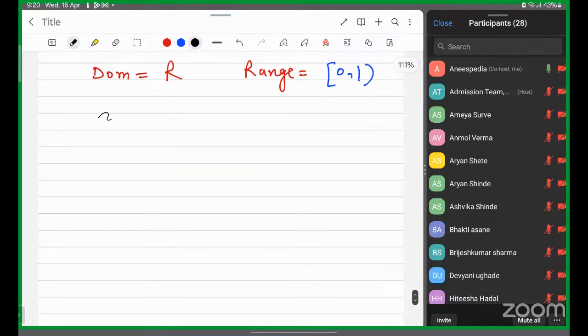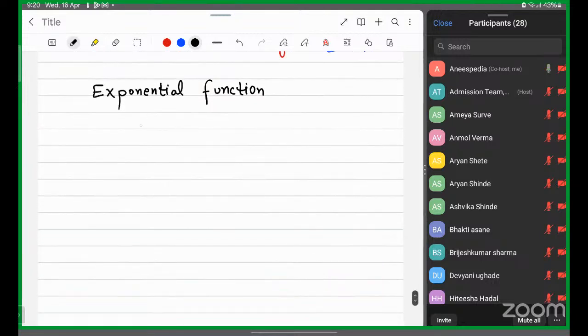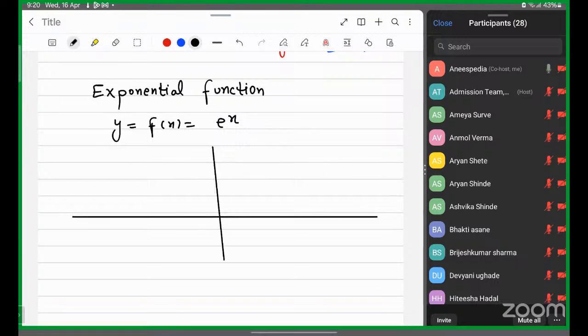Next is the exponential function. If we take y = f(x) = e raised to power x, its graph goes like this.